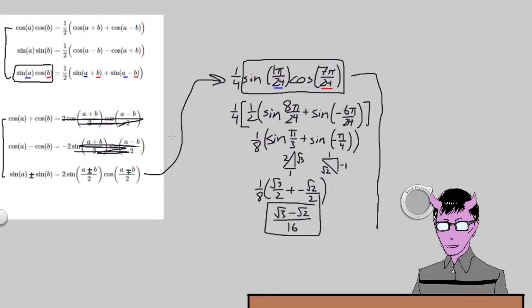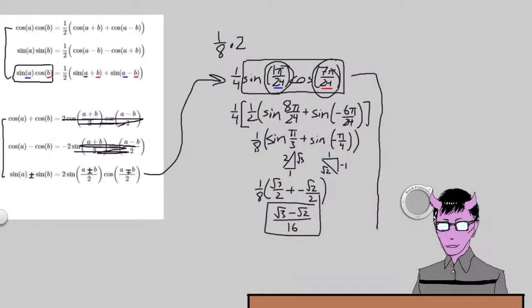Alright. So the first thing to note is we have a coefficient of 1/4, but this one demands a 2. So we can split that 1/4 into 1/8 times 2. So now this matches this one. And then, of course, these two arguments don't match this one nor that one.